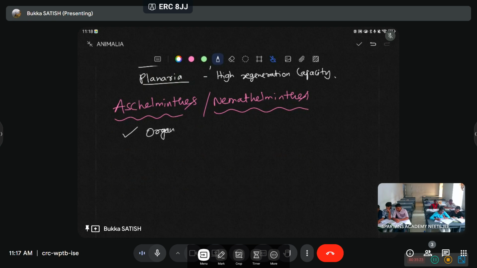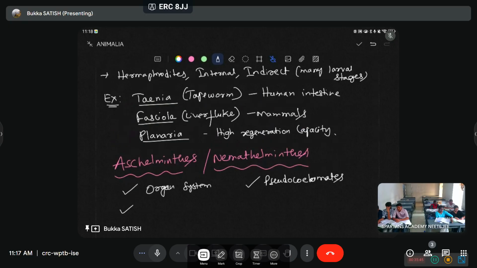Okay, good. Next, acoelomates? Pseudocoelomates. Good. Bilateral symmetry already developed, no?